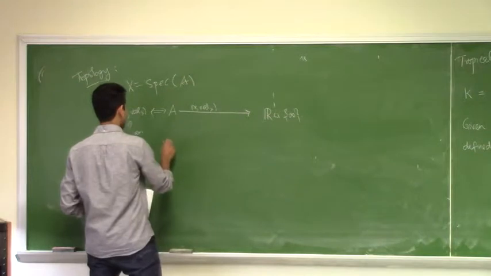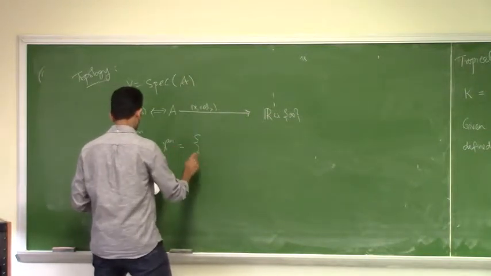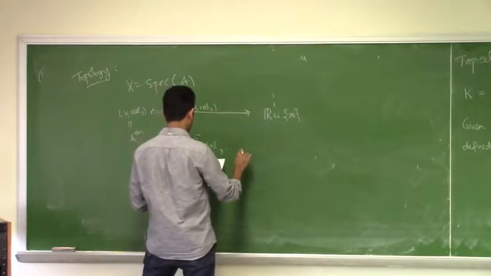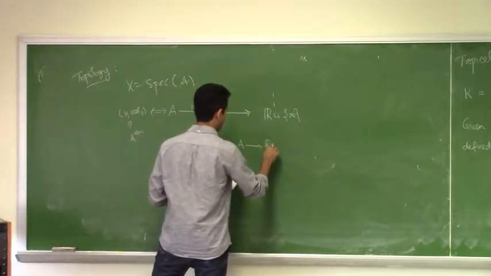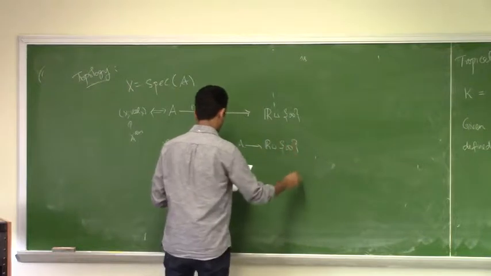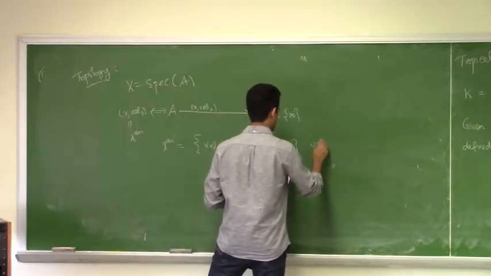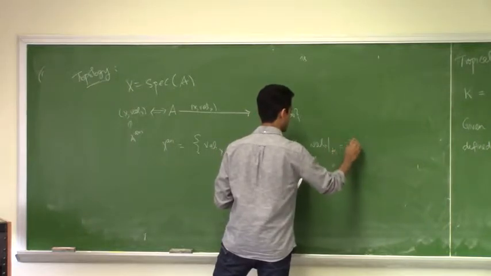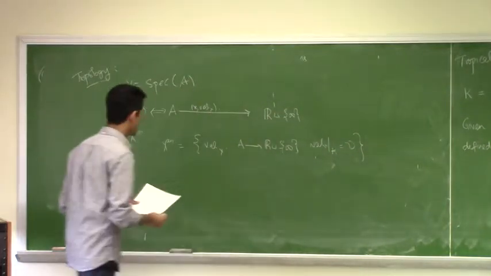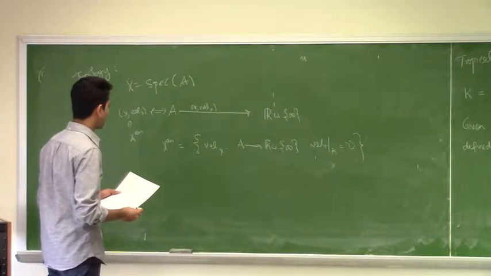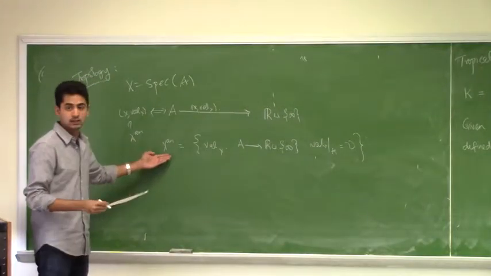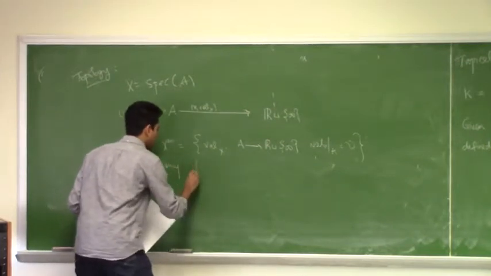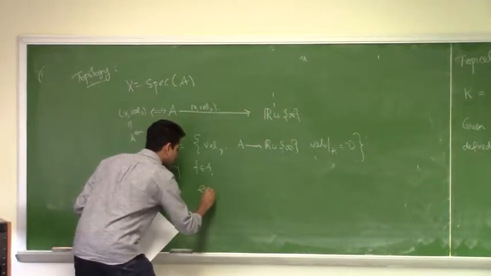So X analytic is now just a collection of these: ring valuations on A that restrict to the right valuation on the field. No equivalence is necessary there. So I have a bunch of different functions on this set. For every f in A, I get an evaluation function.